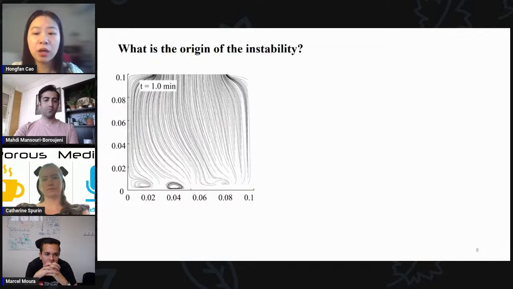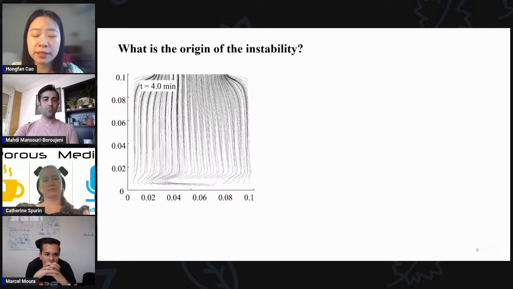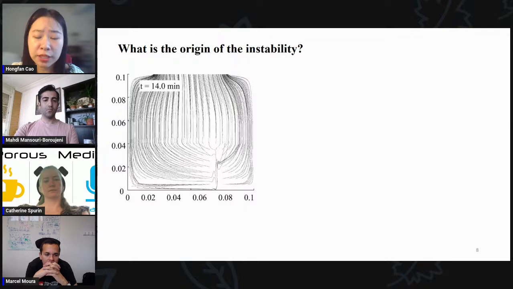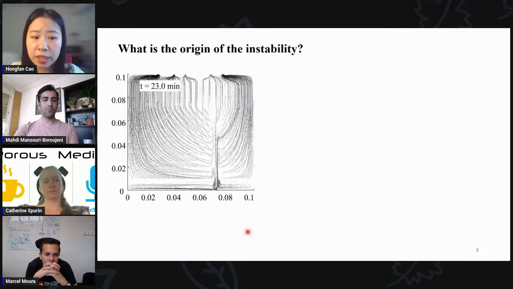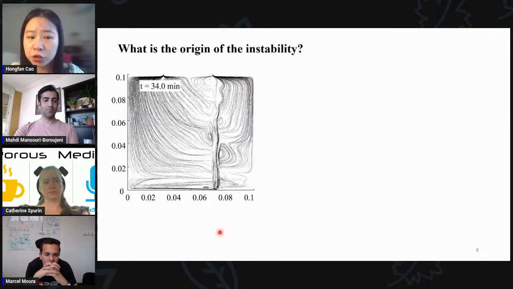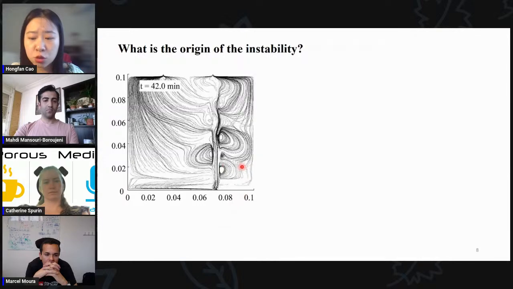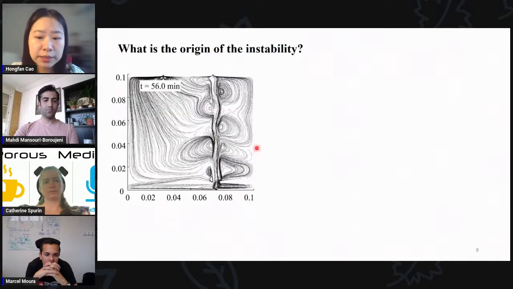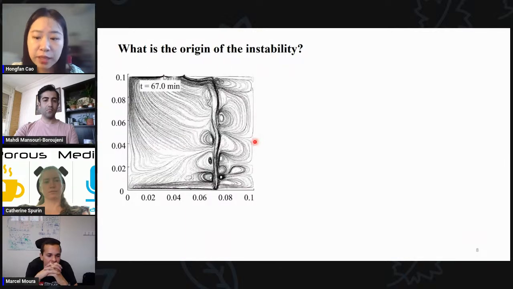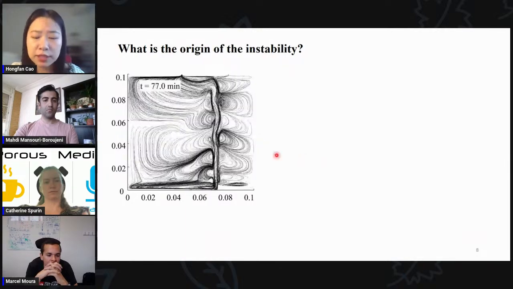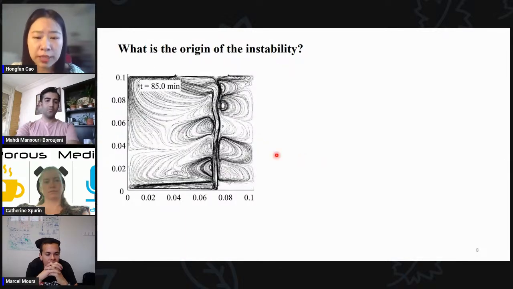So now we know the origin of the rivulet, but what is the origin of the instability? If we look into the 3D streamlines, we can see many vortices like this along the rivulet. It seems the vortices lead to the instability of the rivulet, but the 3D flow field is too complex to analyze.